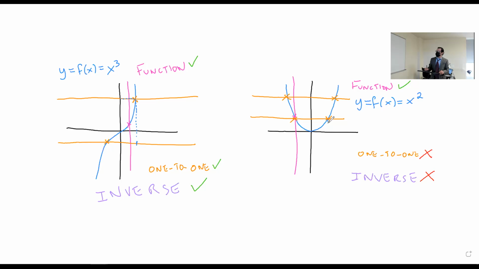However, if I grab any value of y, it only has one value of x. However, if I grab any value of y over here in this graph, I'm going to see that this value of y has a value of x on this side, and it has a value of x on this side. So that's why it's not a one-to-one function.